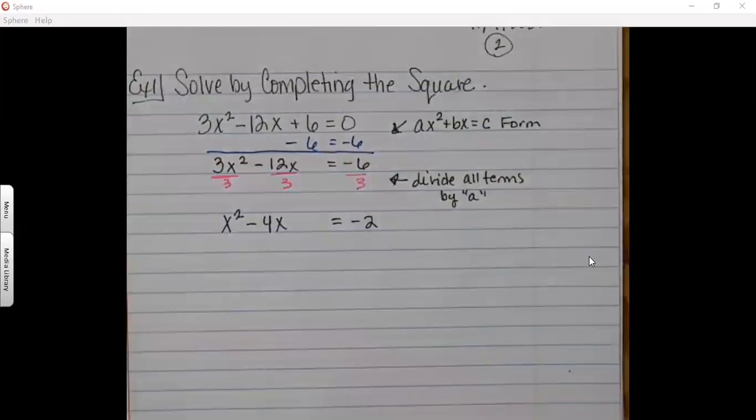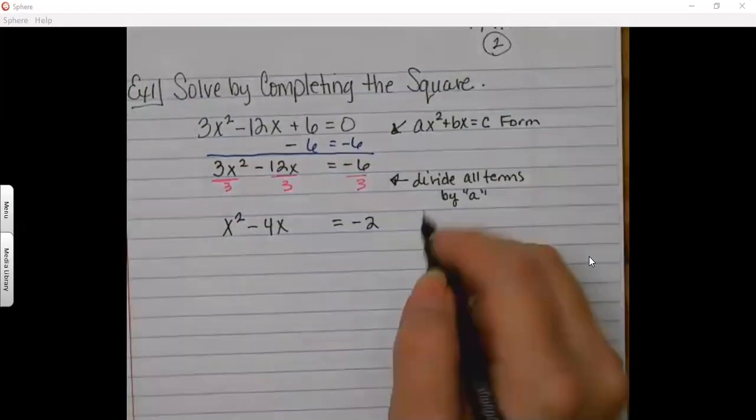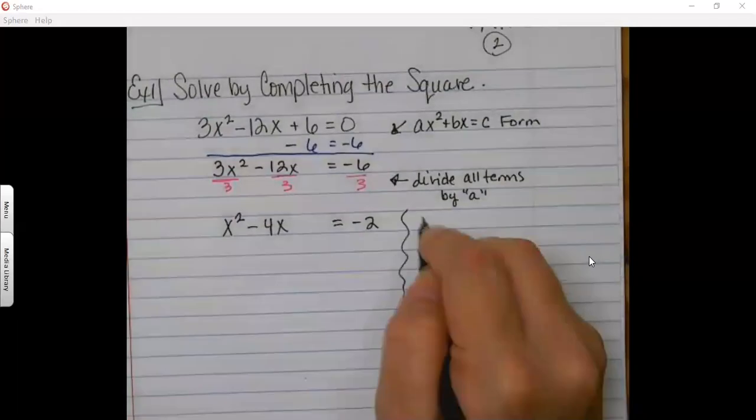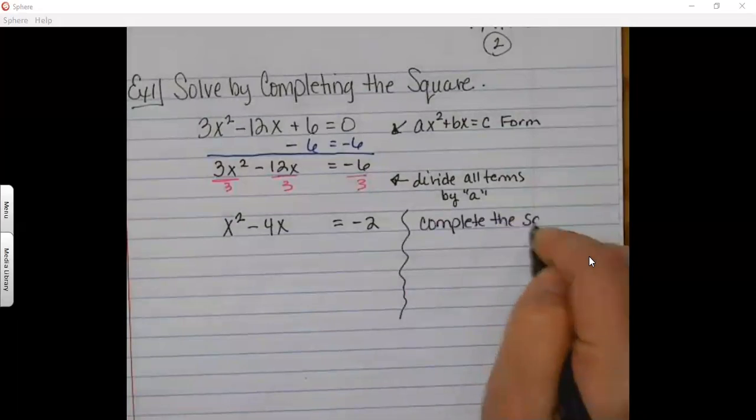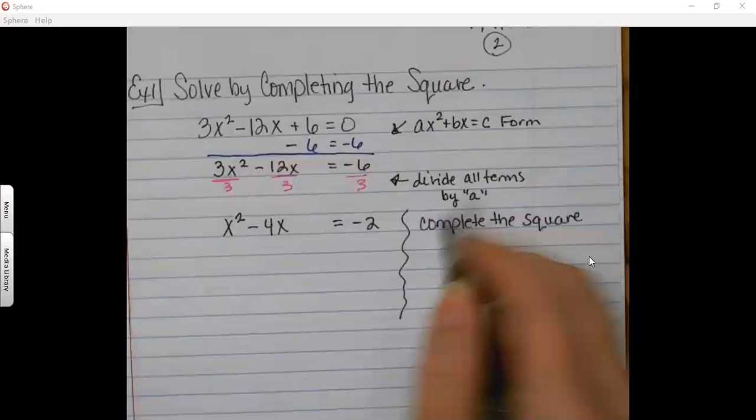The direction said complete the square. To do this, figure out what b divided by 2, quantity squared, is and then add this number to both sides. I'm going to do this over on the side. Complete the square: you take b, divide it by 2, and square it.